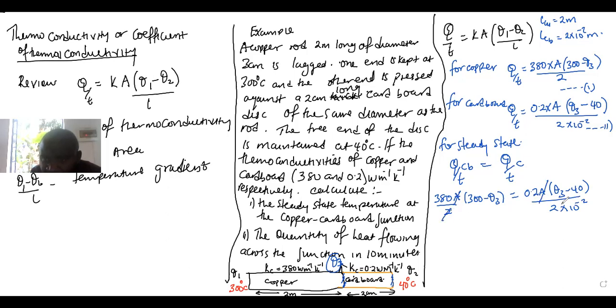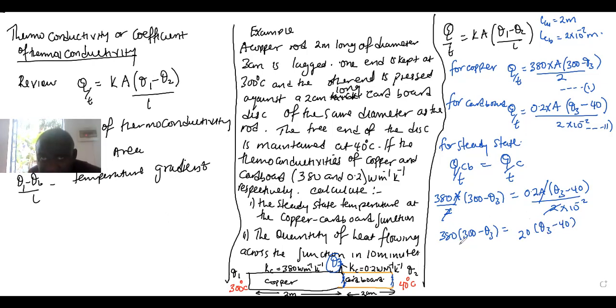I can lose this 2 by division as well. So I'll have 380 into 300 minus θ3 is equal to, the 10 power negative 2 can go up to give us 20. So it will give us 20 into θ3 minus 40.